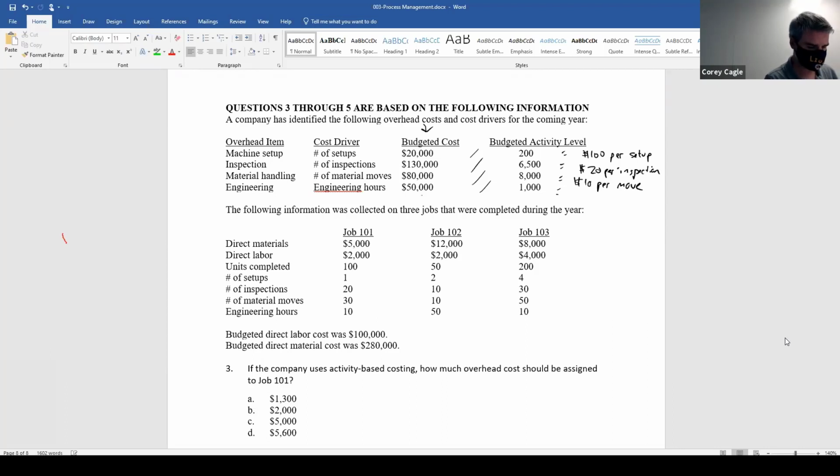And then 50,000 divided by 1,000 is 50 per engineering hour.